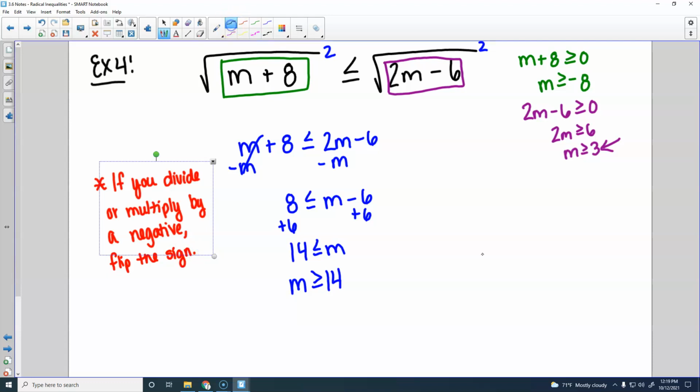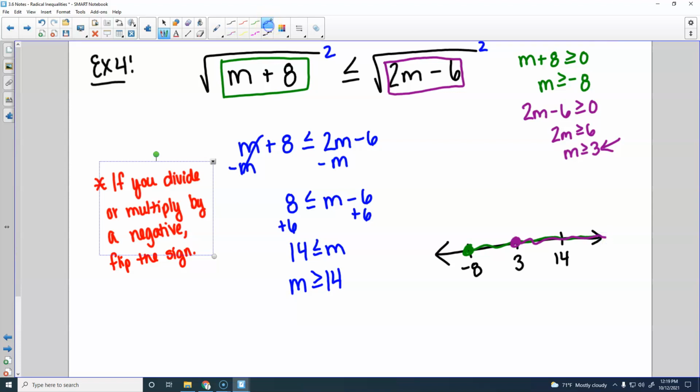Okay, so if we think about our answer here, you don't necessarily have to graph it, but I'm going to even put my negative 8 here. I got my 3, and then I've got my 14. So my negative 8 numbers have to be greater than or equal to negative 8. For my 3, they also have to be greater than or equal to 3.